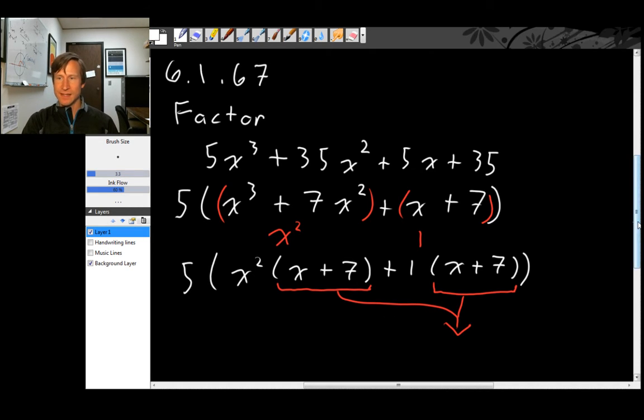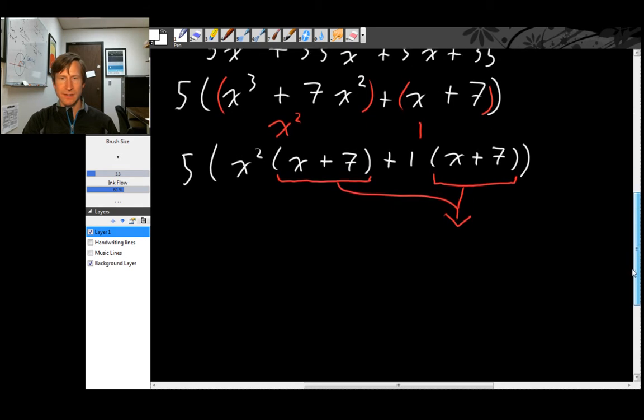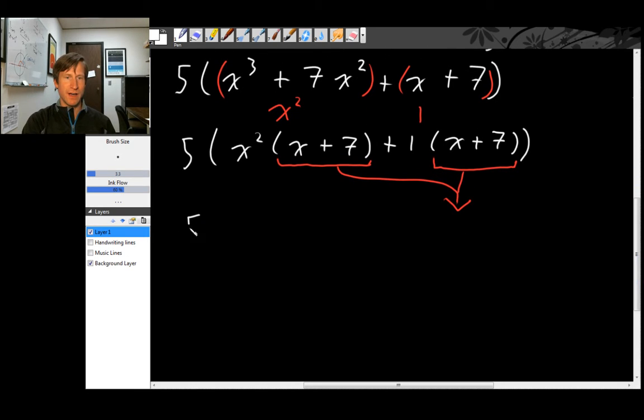So that's going to give us, again, the 5 is a spectator at this point. The x plus 7 we're factoring out. And what's left over? Well, there's an x squared from this part. And from this part over here, there's a 1 that's left over.